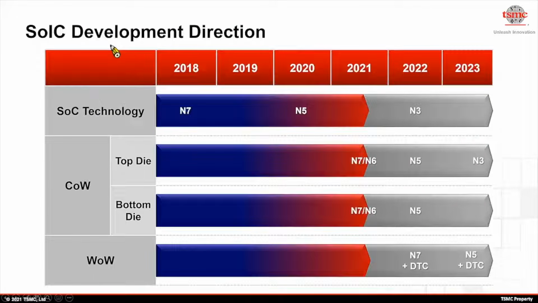This is the current plan to develop SoIC to go with SoC nodes. The first line shows SoC development and the delivery schedule. Then we see for SoIC, COW starts delivery this year for N7 and N6 first.